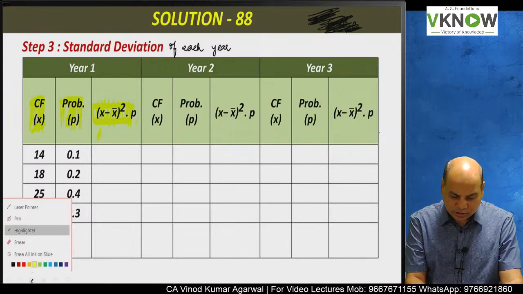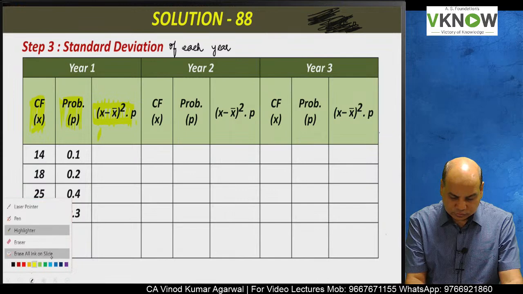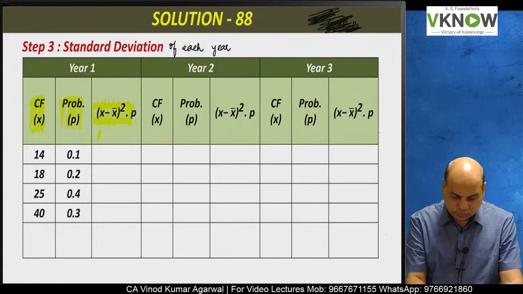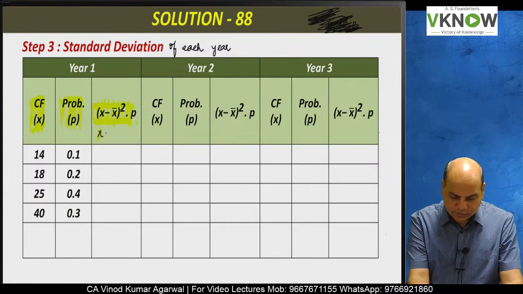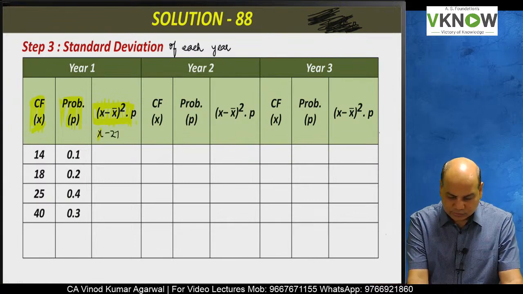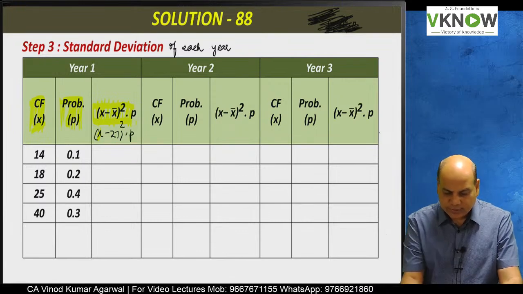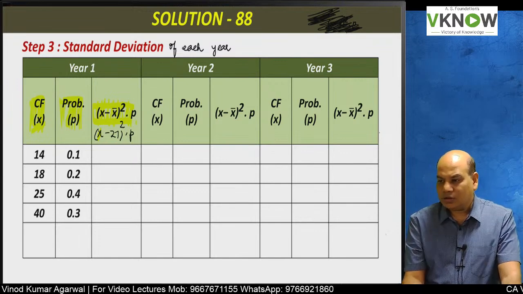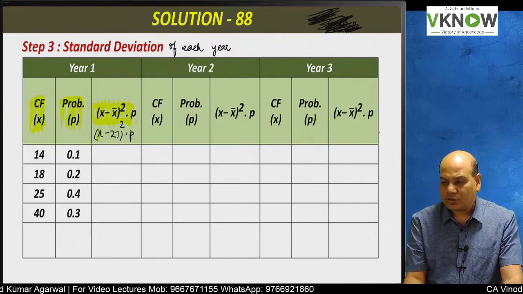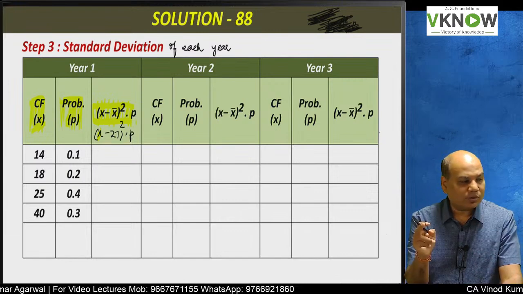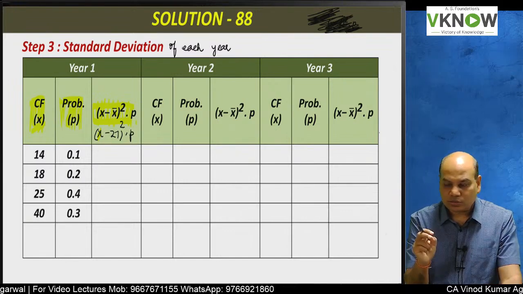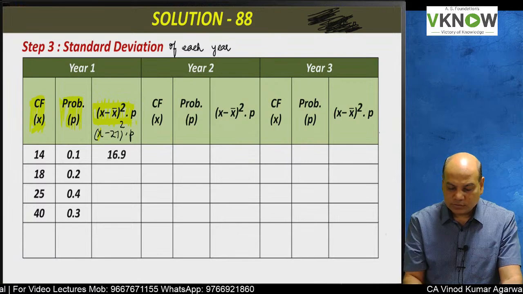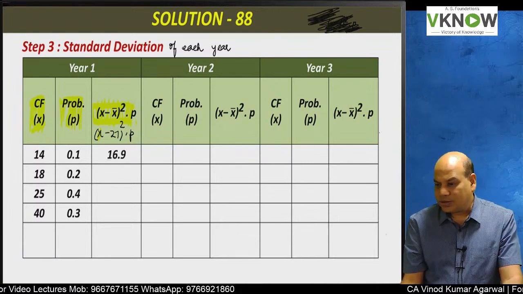So you will basically compute x minus 27 square into probability. Take on your calculator 14 minus 27, square, into 0.1, 16.9.